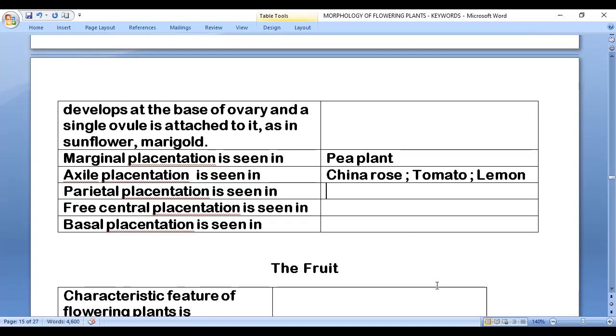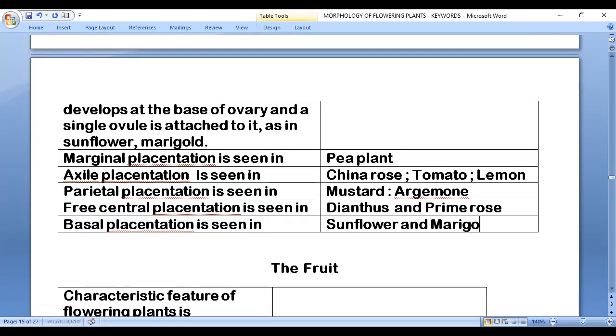Parietal placentation is seen in mustard and argemone. Free central placentation is seen in dianthus and primrose. Basal placentation is seen in sunflower and marigold.